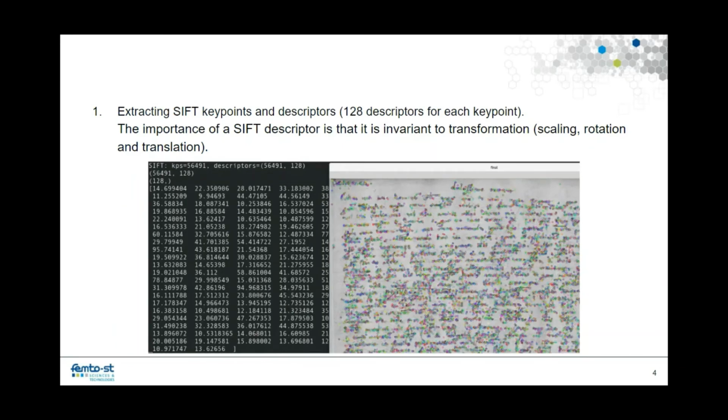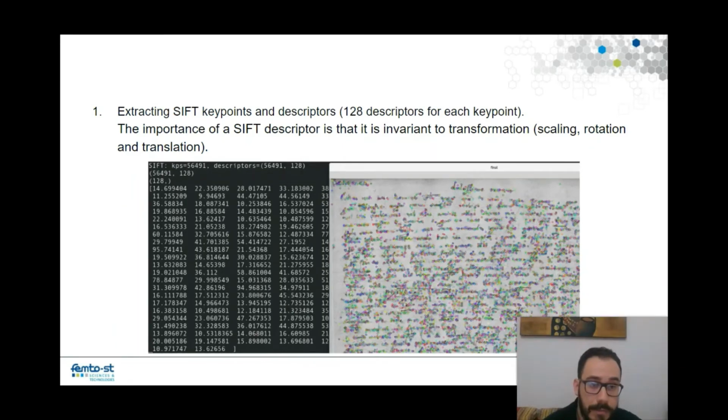So in the first step, we extracted the SIFT key points and descriptors, around 128 descriptors for each key point. The importance of the SIFT descriptor is that SIFT is invariant to transformation, scaling, and rotation.